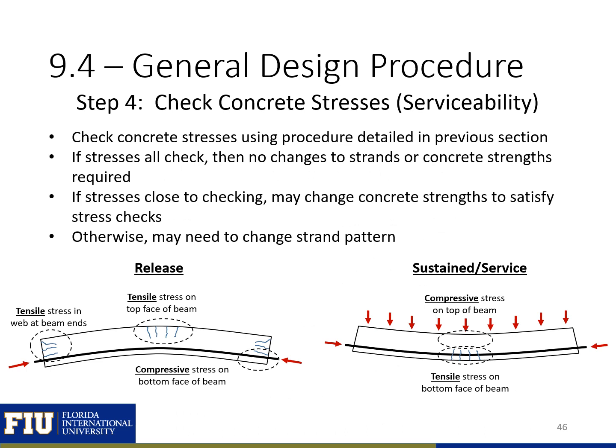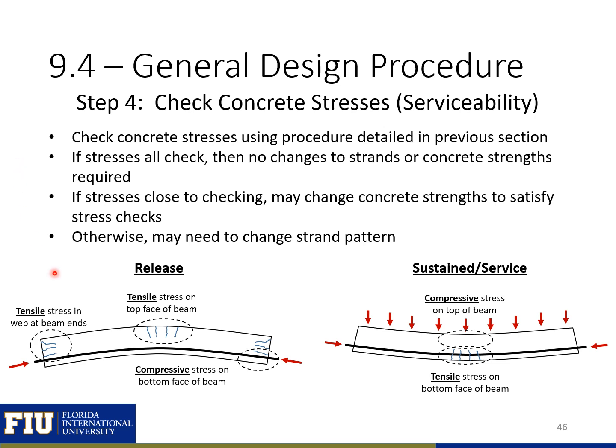At this point, we're transitioning from the design phase of the design process to the analysis phase. The first thing we need to do in the analysis phase is check the actual concrete stresses in our actual section, in our actual beam. Looking at the actual section, we'll typically use the force in the tendon approach, although we could use another procedure like strain compatibility or software to estimate stresses.